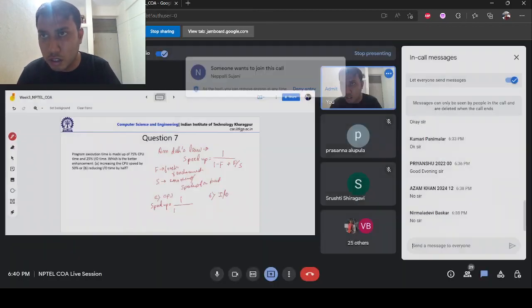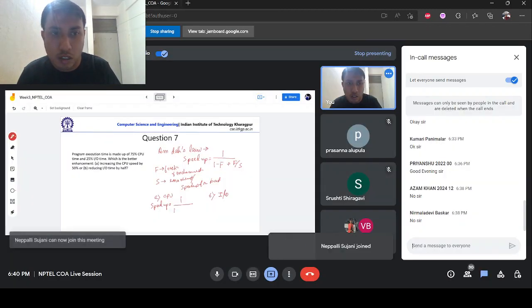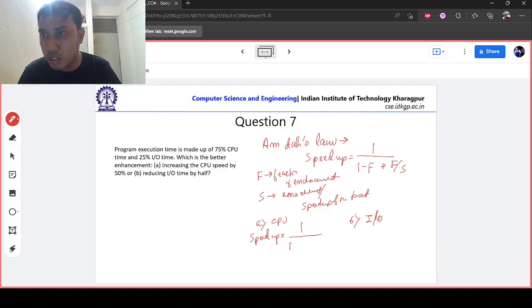So speedup will be 1 divided by (1 minus f) plus f by s.